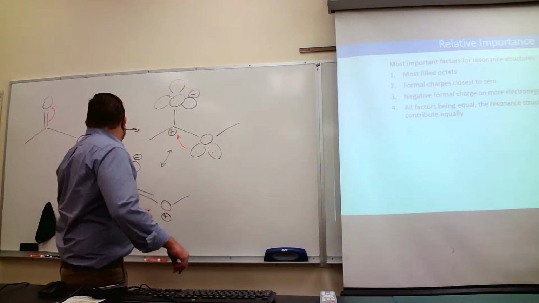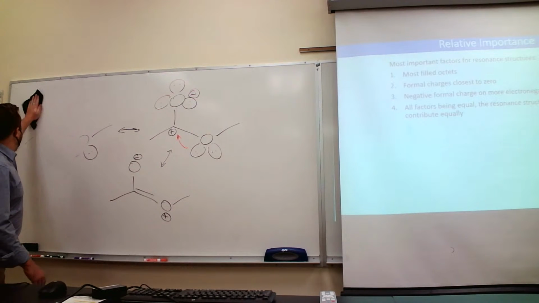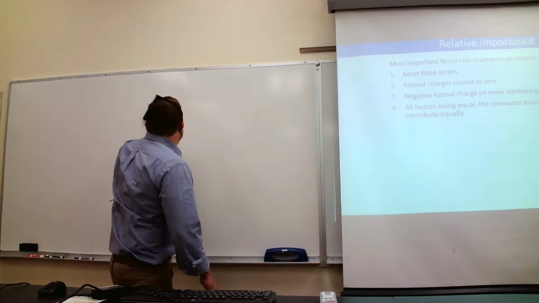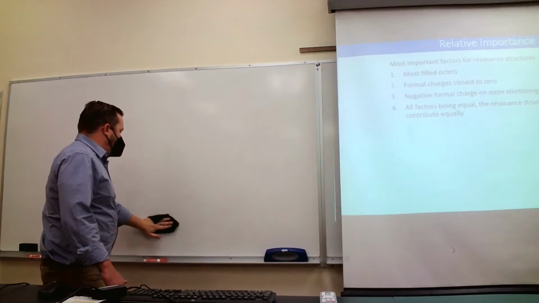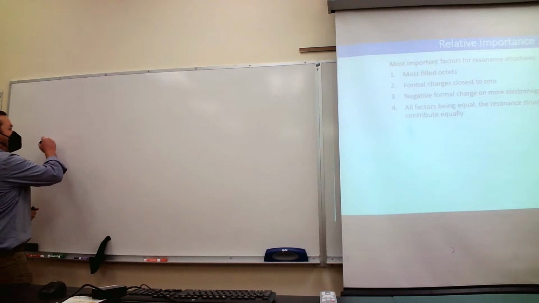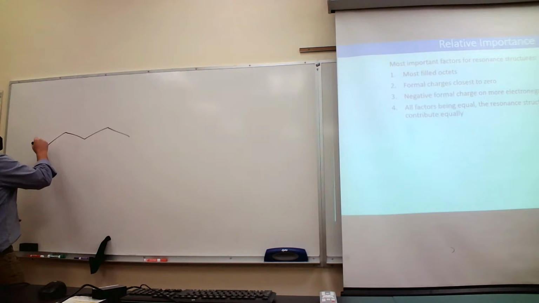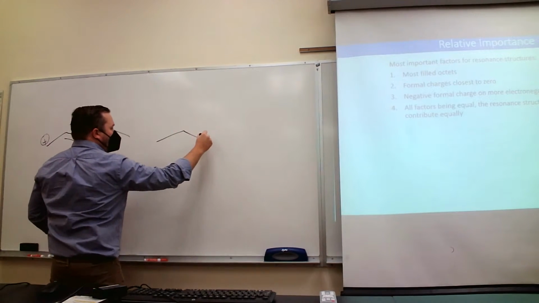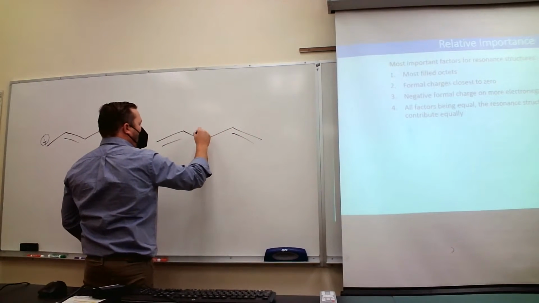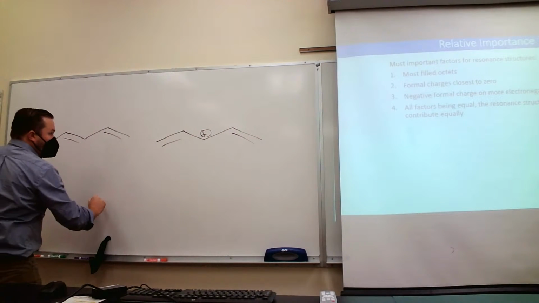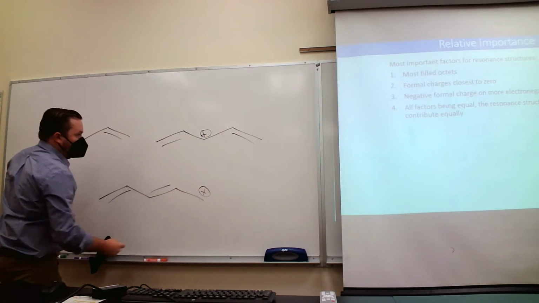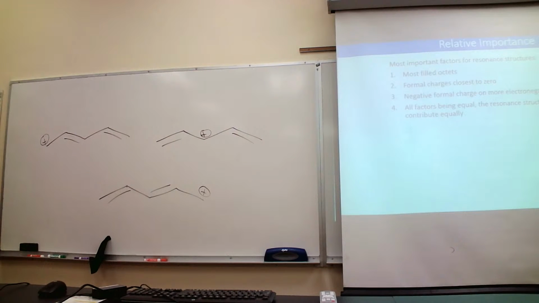Like the ring, or I think it was B on the last one, where we had 3 different resonance structures that all had the same number of incomplete octets. So all 3 of those resonance structures have the same number of incomplete octets.